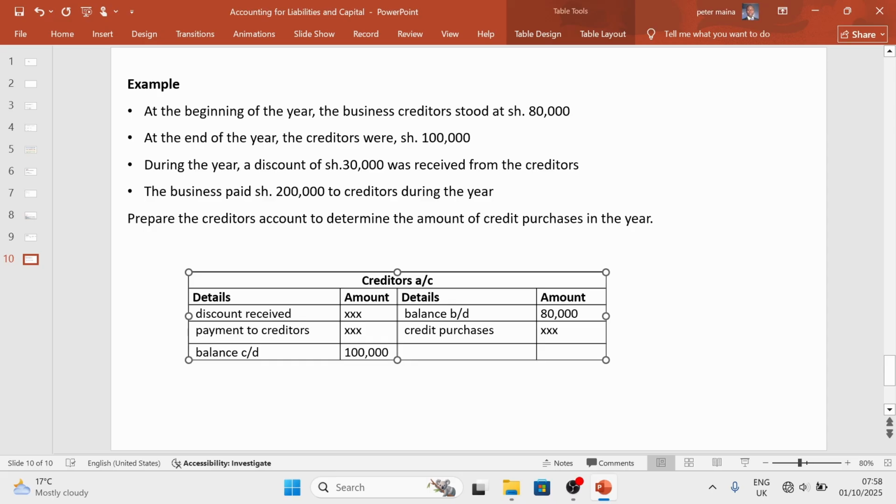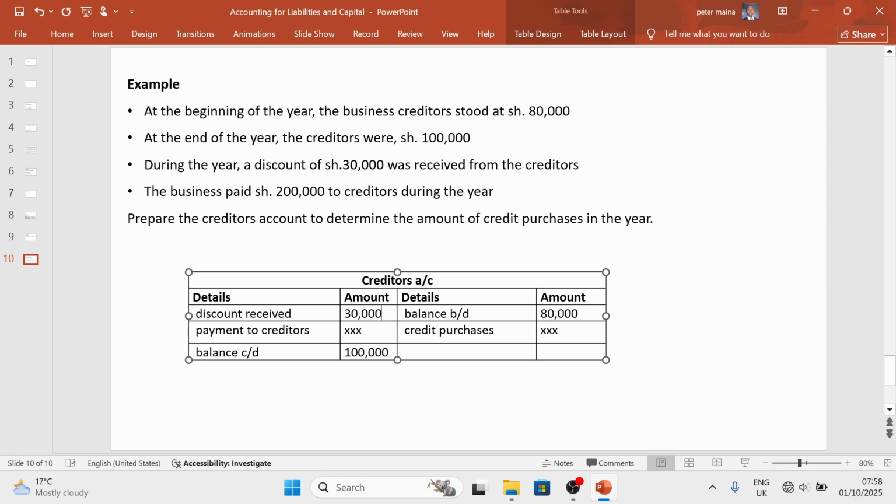Then you go to the third point. During the year, a discount of 30,000 was received from the creditors. So discount received reduces the creditors. So we have said we are supposed to debit the creditors account. So on the debit side, discount received, we record 30,000.